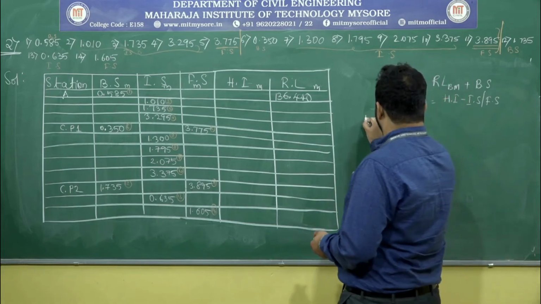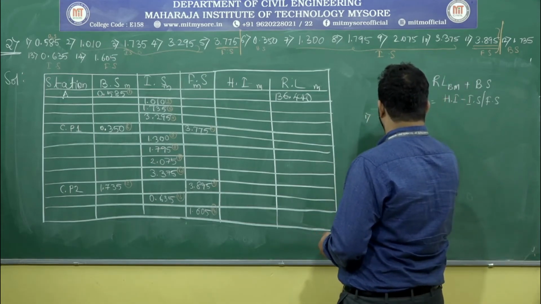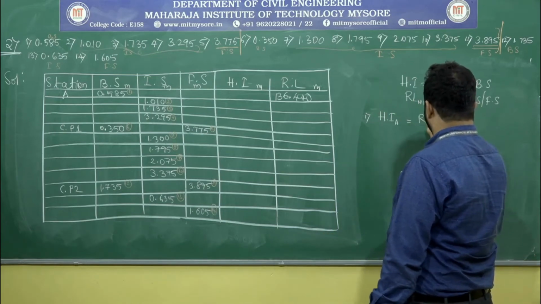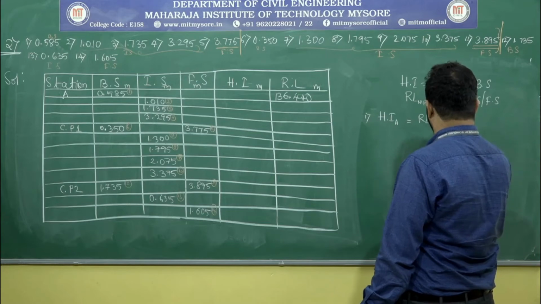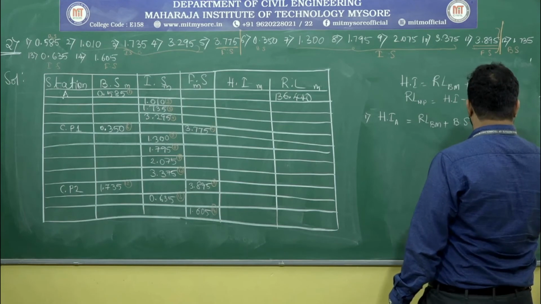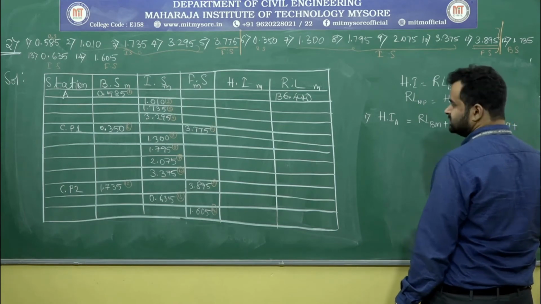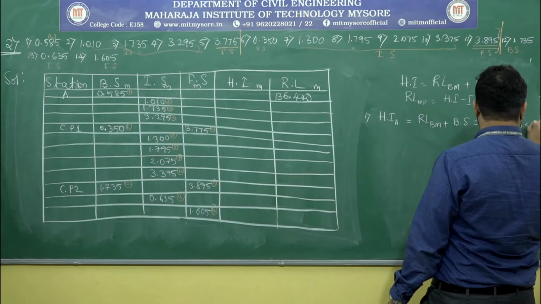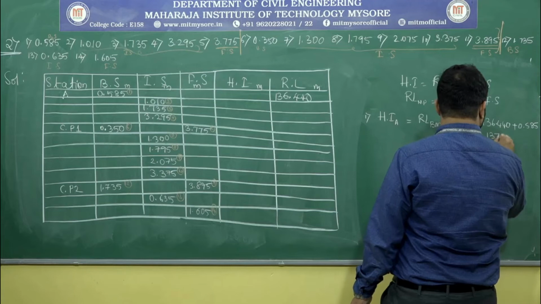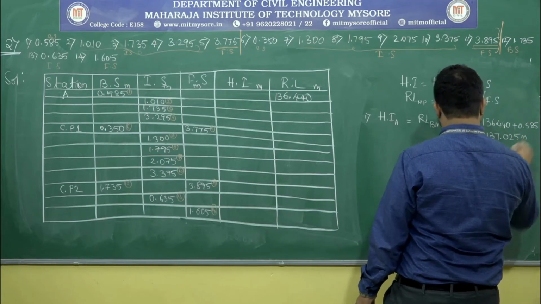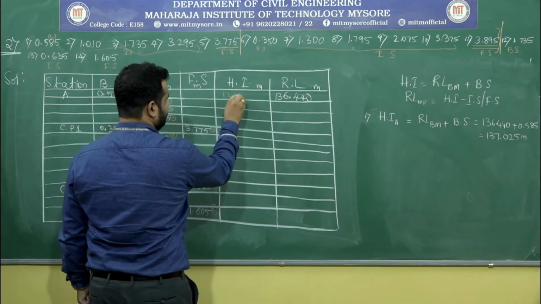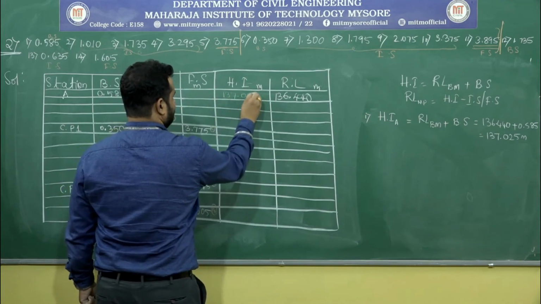First, HI at station A, that is equal to RL of benchmark plus backside is equal to how much? 136.440 plus 0.585, that is equal to 137.025 meters. So let me write HI here as 137.025.